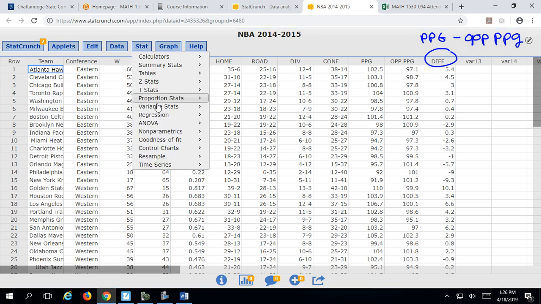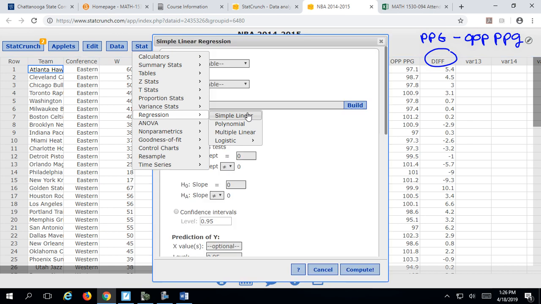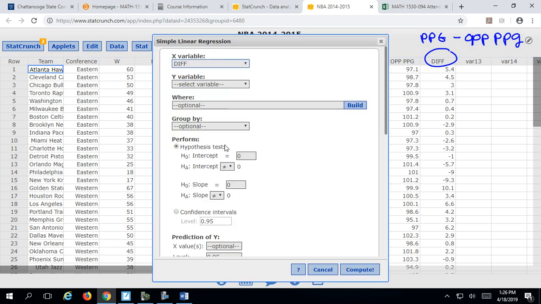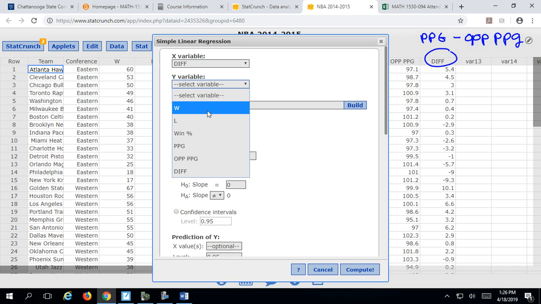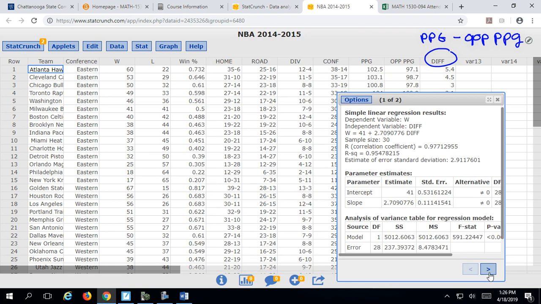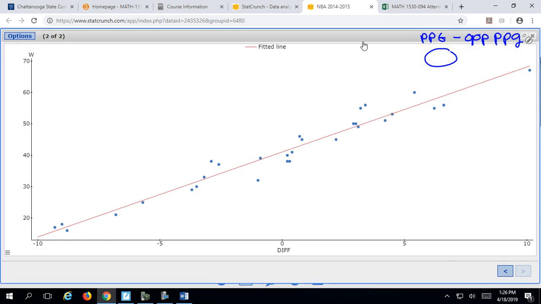So Stat, Regression, Simple Linear. Differential is the x, and y is wins, W. Now look at the graph.